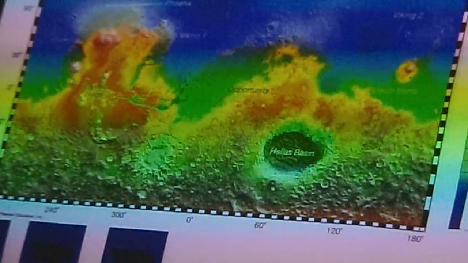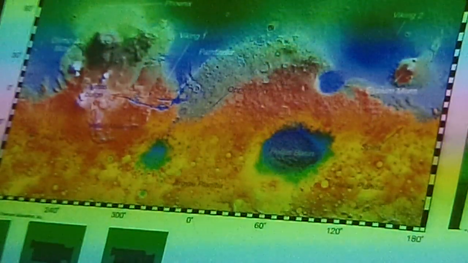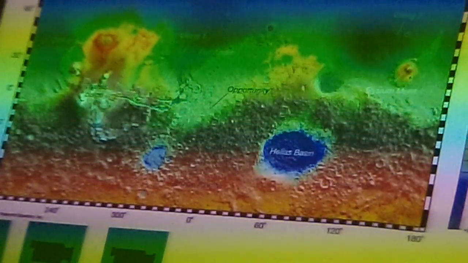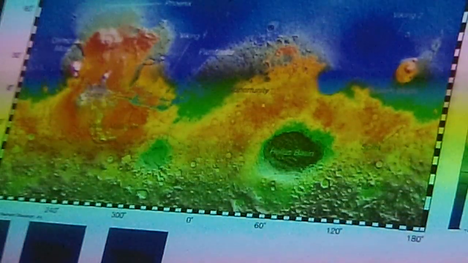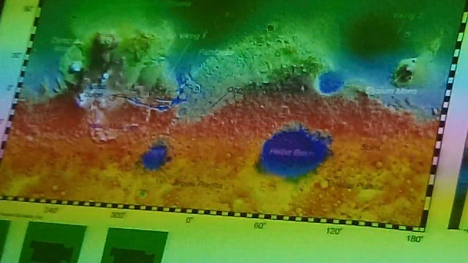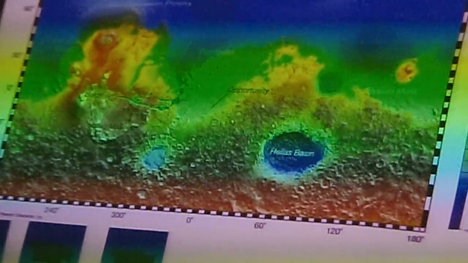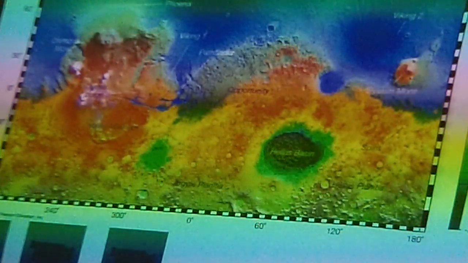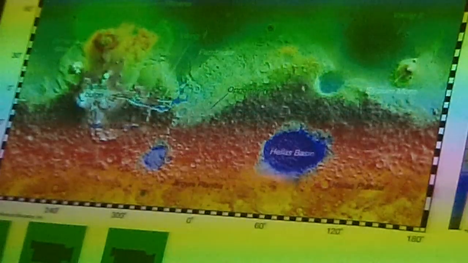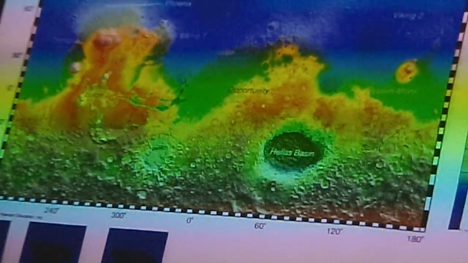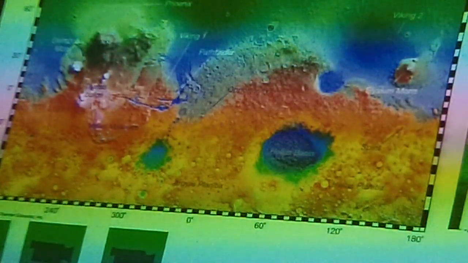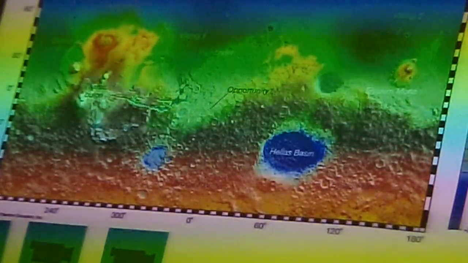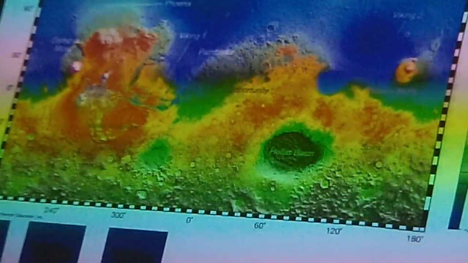There's Olympus Mons, the biggest volcano in the solar system. Twice as high as Mount Everest. How can it get so big? Any reason why the volcanoes on Mars would be so much bigger than the volcanoes on Earth or Venus? There's a good reason. No erosion. Good guess.